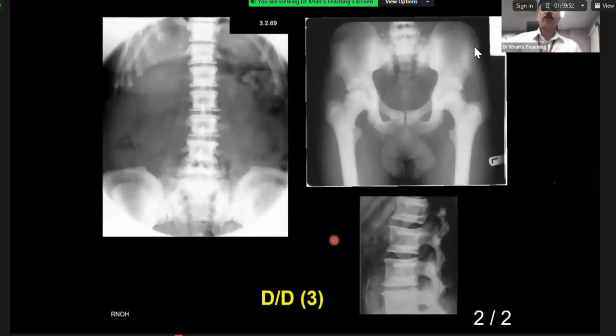Cyclic pattern means that there are cycles where normal bone deposition is there, and then there will be more sclerotic bone deposition, and it goes into cycles. People don't know why it happens like this.